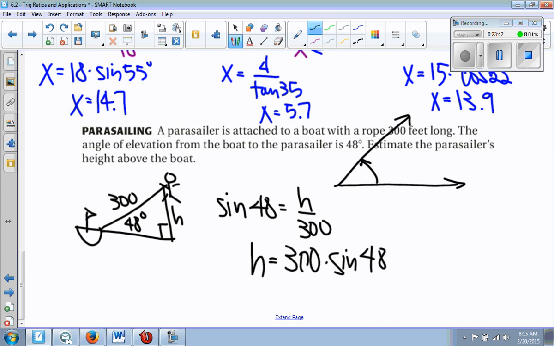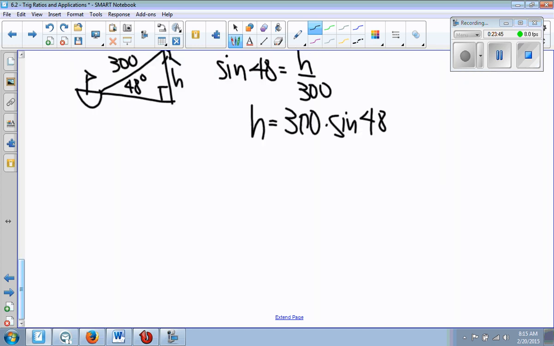And all we're going to do is round to the nearest tenth of a foot. So let's do sine of 48 multiplied by 300. We get 222.9 feet. So that's how high above the boat that parasailer is.